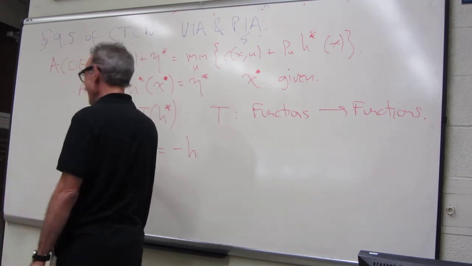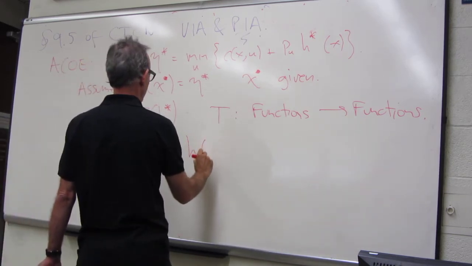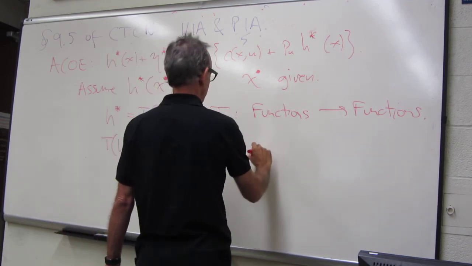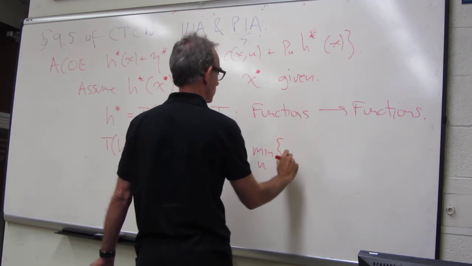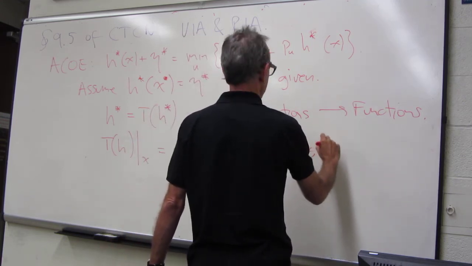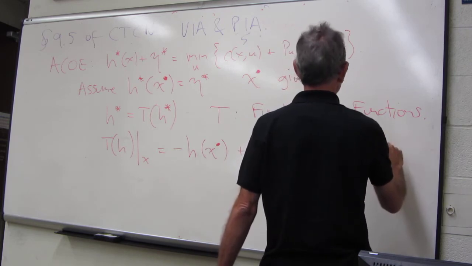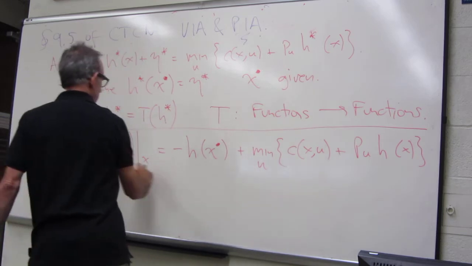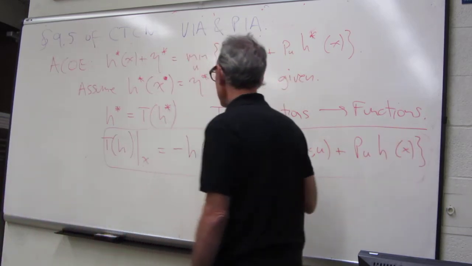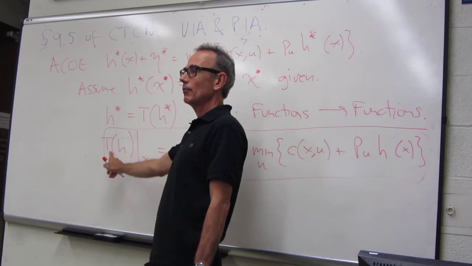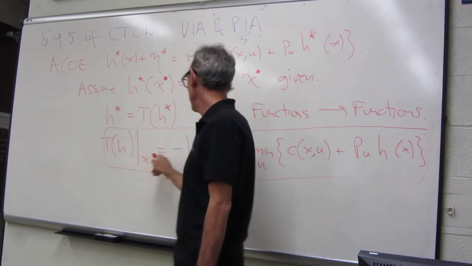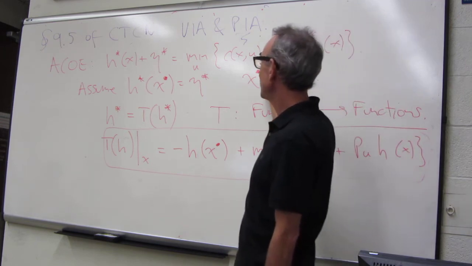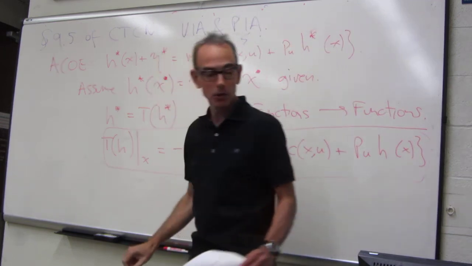For any function h, T of h is a new function defined in this way. And the average cost optimality equation then is a fixed point equation.